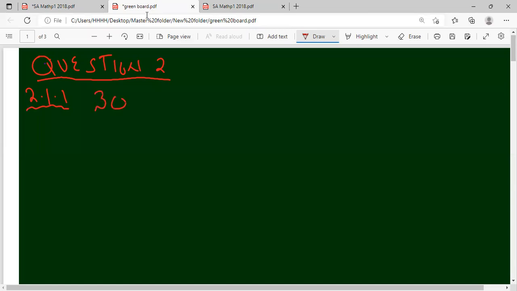So our sequence is 30, 10, 10 over 3. We want to find the value of n if the nth term, Tn, is equal to 10 divided by 729.